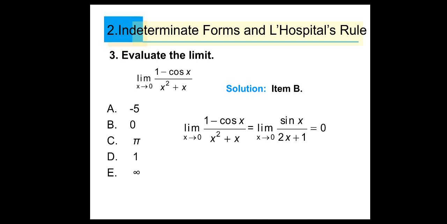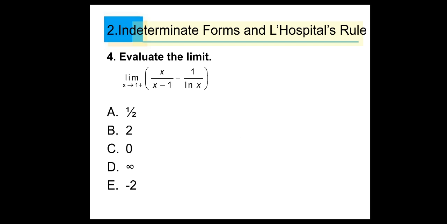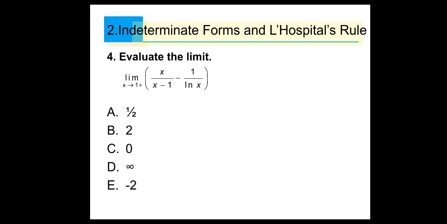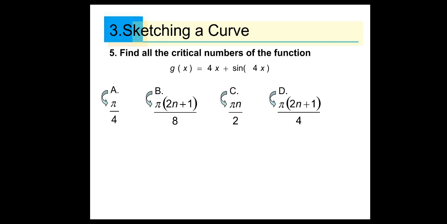Then we have example number 4, which is to evaluate the limit. You have to tell what the correct answer is, and show the steps of your solution as well.